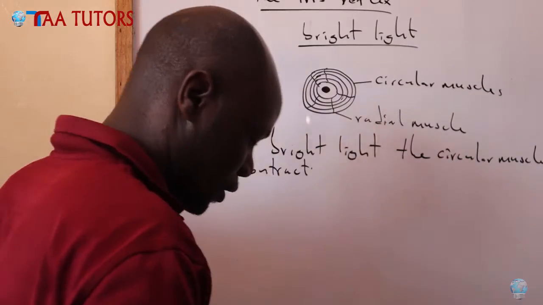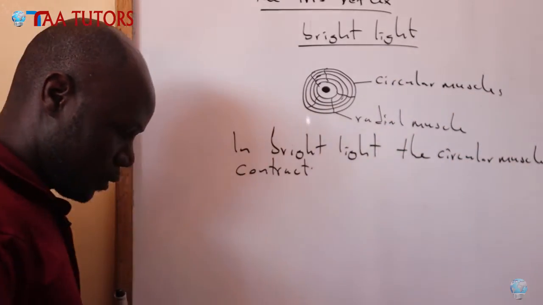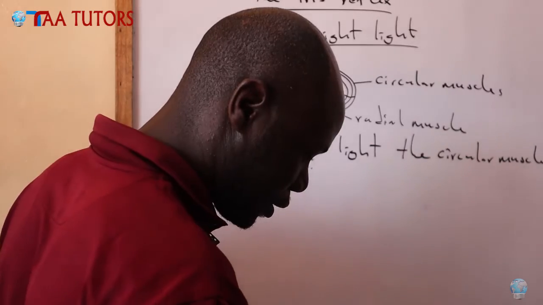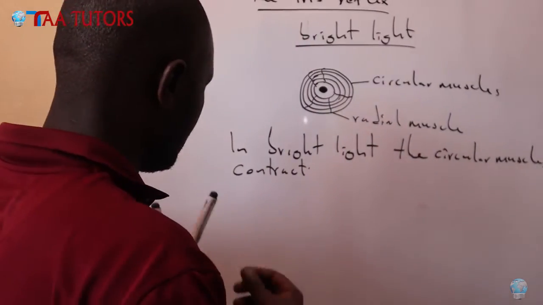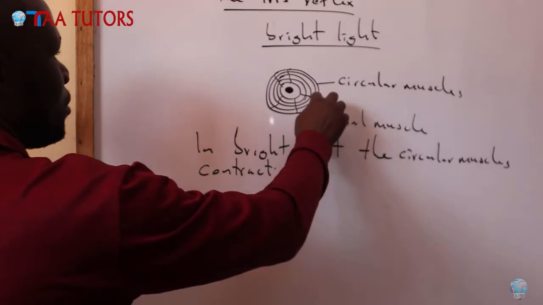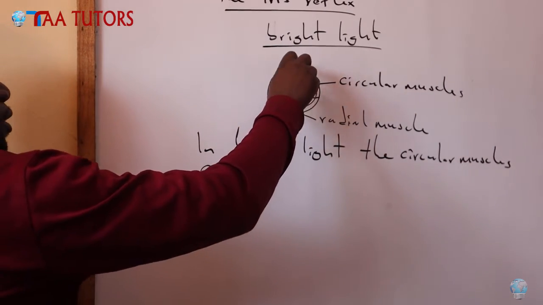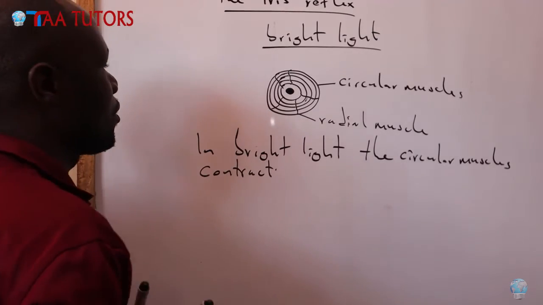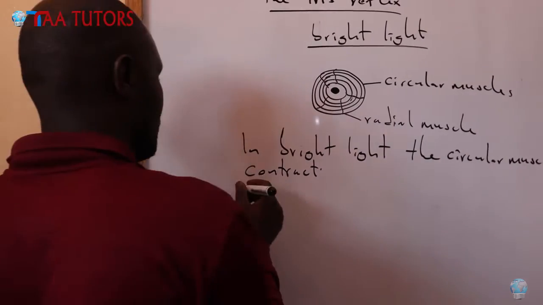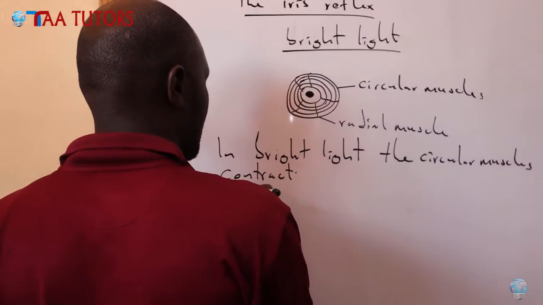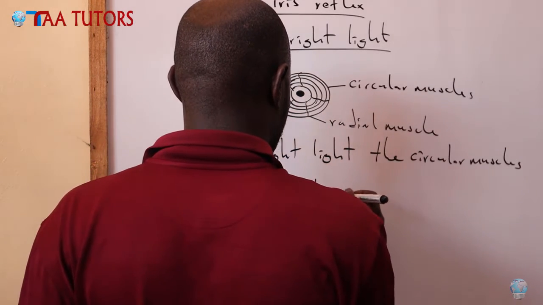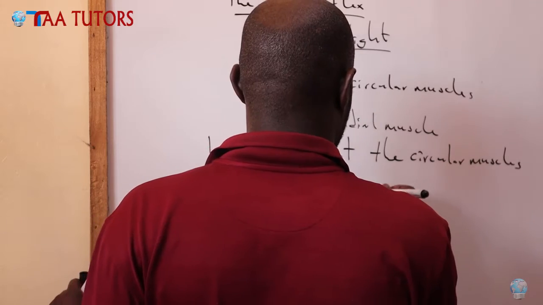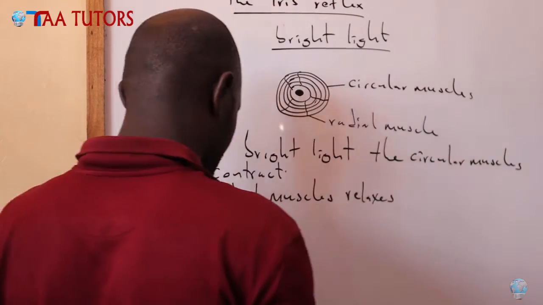When they contract, this one will make these other muscles behave in a specific manner. So when they are contracting, the radial muscles will relax. So you can say radial muscles relax.